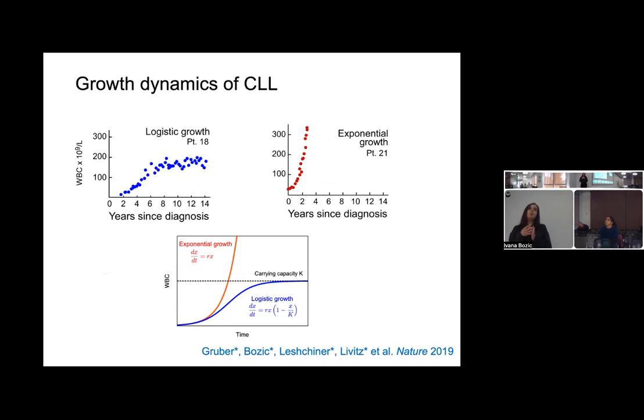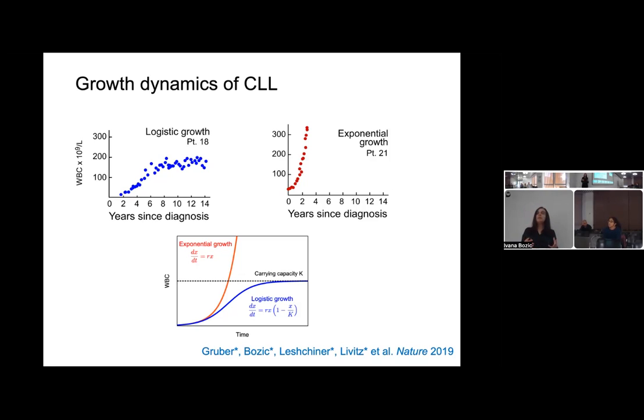And so we were very lucky that our collaborators had this data set of CLL patients that were followed before their first treatment, and we had longitudinal sequencing samples, and we wanted to understand their genetics.